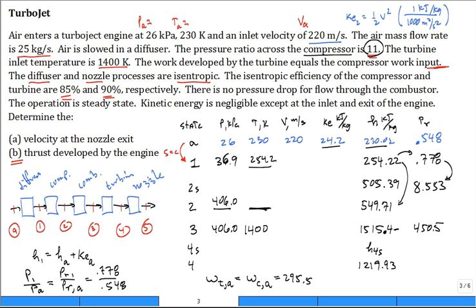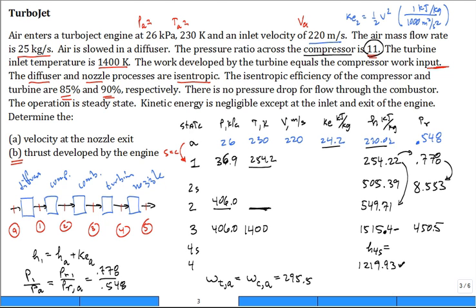Okay. Now that I have the enthalpy at state 4 actual, how do I get the pressure ratio? That's a little tricky, but can we now calculate H4 isentropic? Is it going to be higher or lower than 1219?